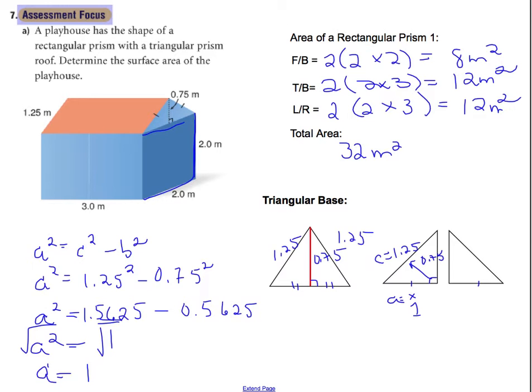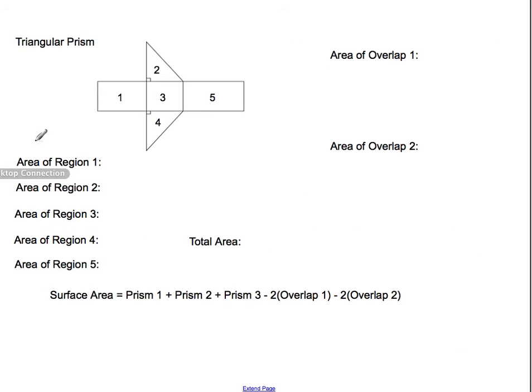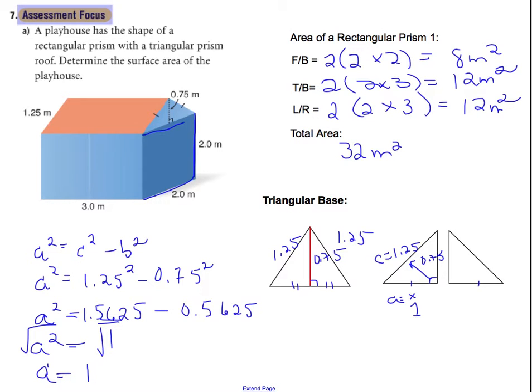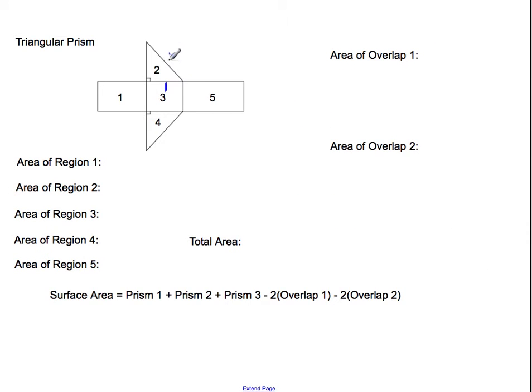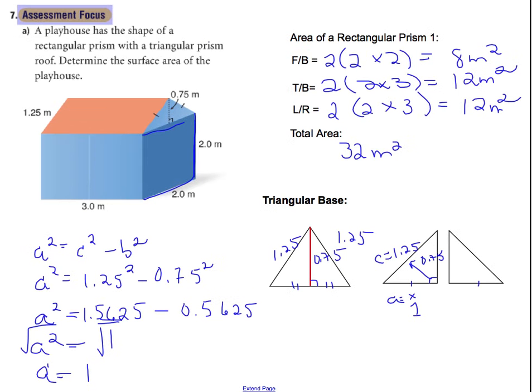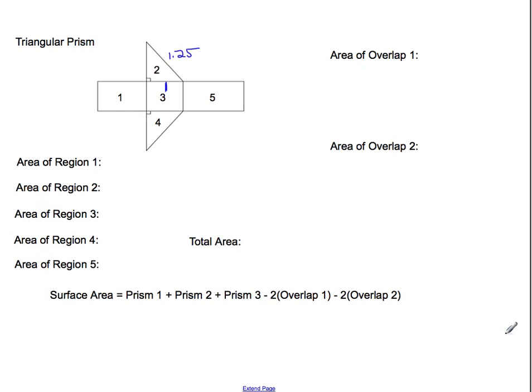So we now go and put in our dimensions. This is 1. The hypotenuse was 1.25. And the height was 0.75.